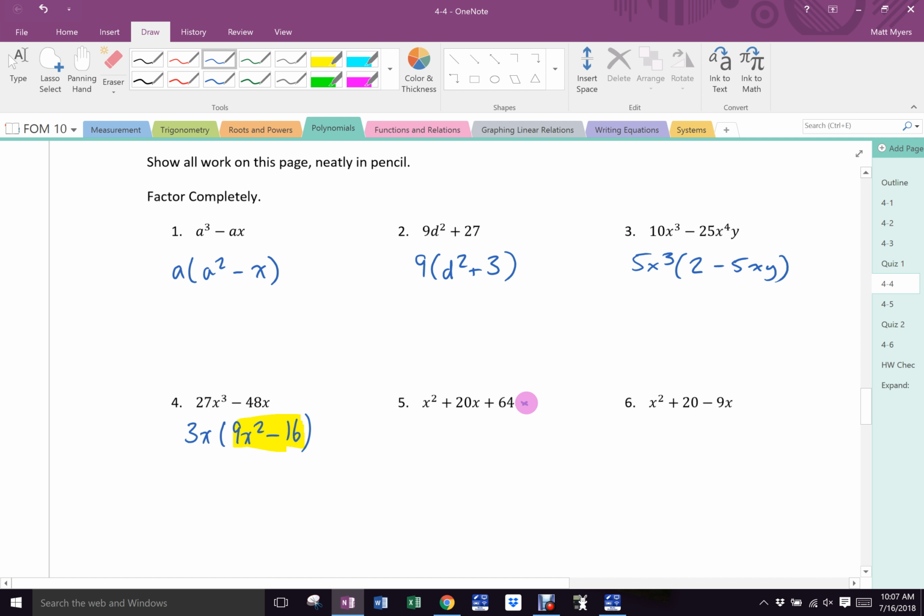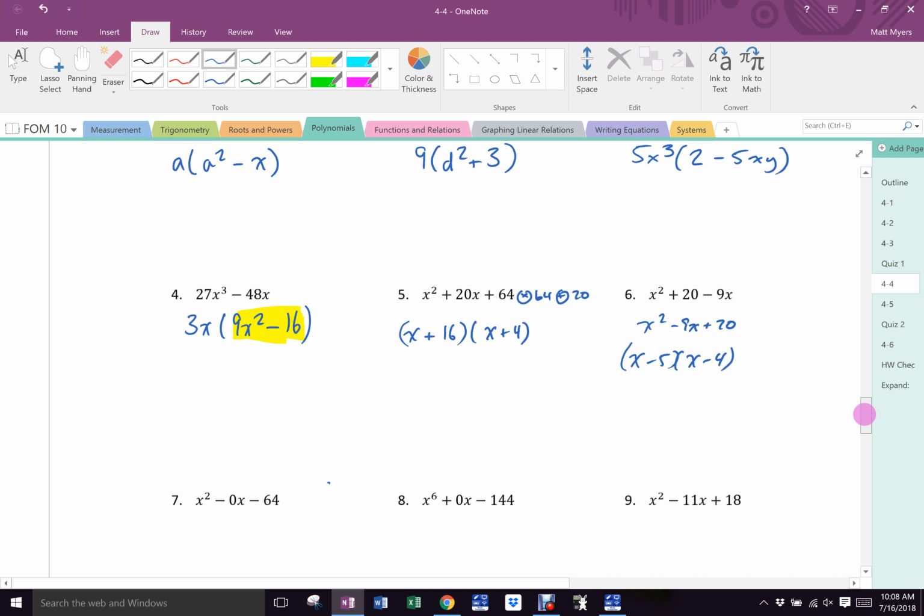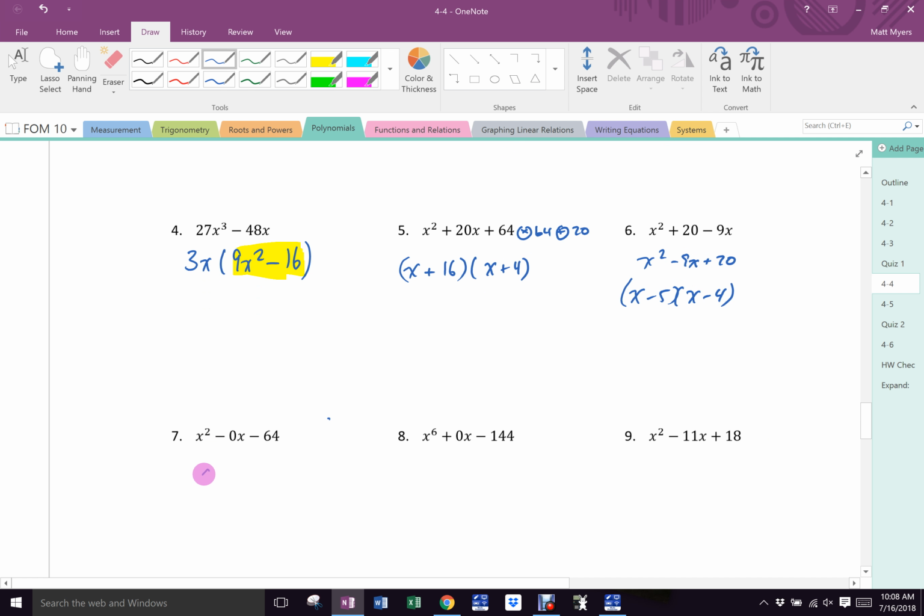This one, multiply to 64, add to 20, and it is, of course, x plus 16 and x plus 4. This one, what's weird about it? Don't like the order, so you change the order. And it is x minus 5. X plus 8, x minus 8.